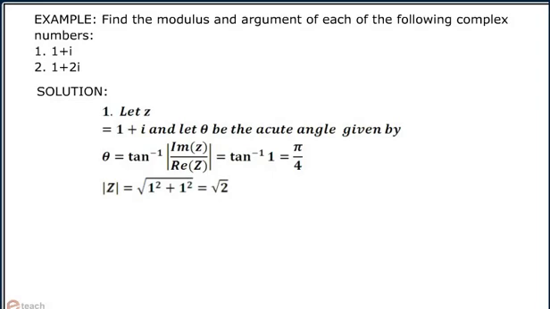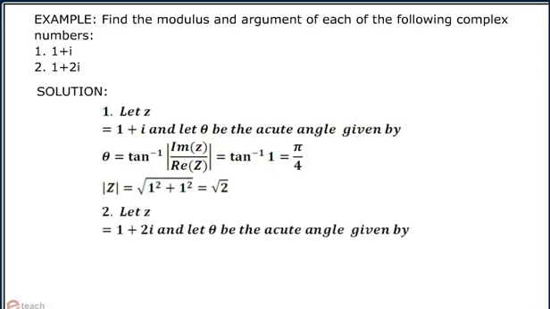Let us see the second part. Let z equals 1 plus 2 iota and let theta be the acute angle given by theta equals tan inverse of the imaginary part of z by the real part of z, which is equal to tan inverse 2.